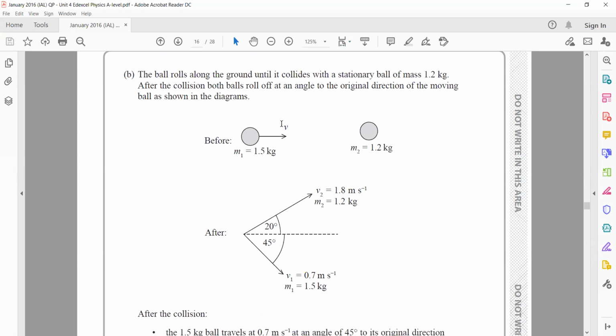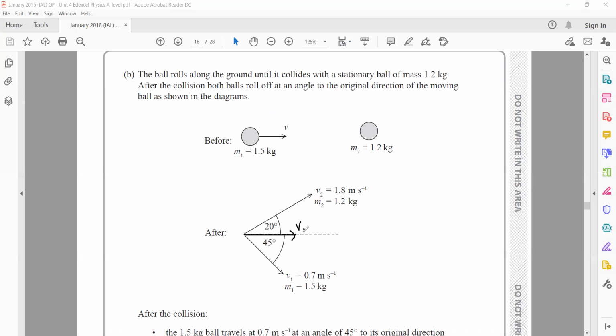So here you will use conservation of momentum. It is about 2 dimensions because the momentum will have horizontal and vertical components. So the velocity after collision will have 2 components.